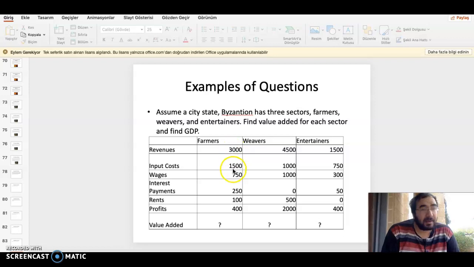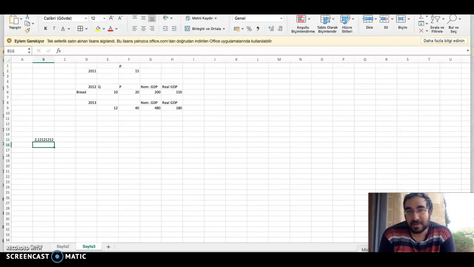You should subtract input costs from revenues. So when you subtract 1,500 from 3,000, you get 1,500. Similarly, here you find 3,500, and here you find 750. Then of course you should add.